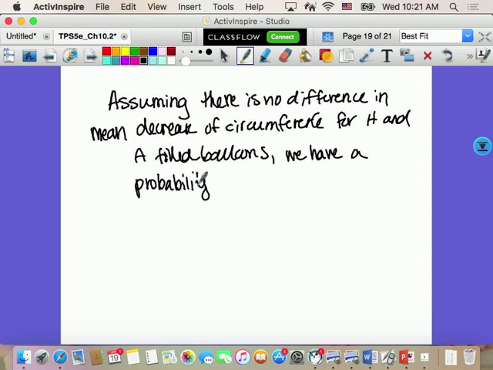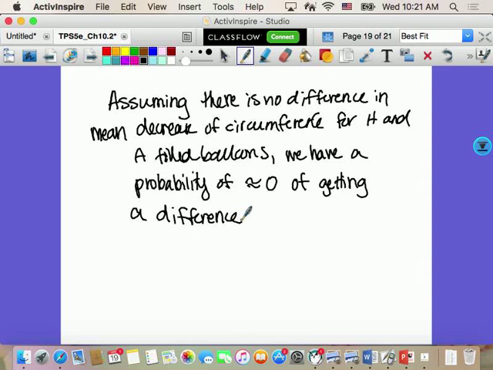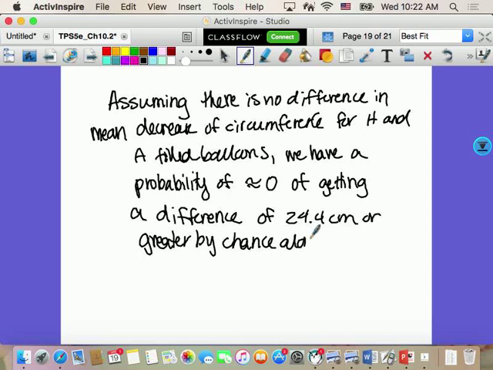Of 0. So what has a probability of 0? Getting a difference this great or greater. So getting a difference of, what was the difference? 24.4. It was at least as extreme. Yes, as extreme or at least as extreme.